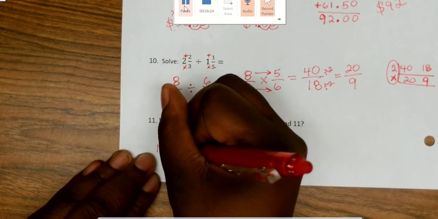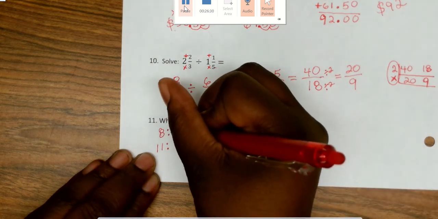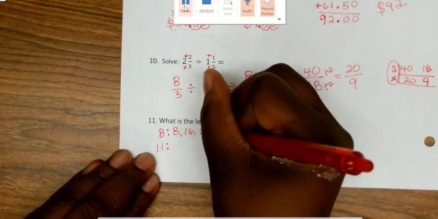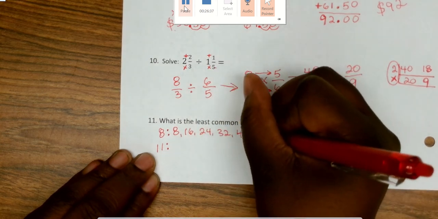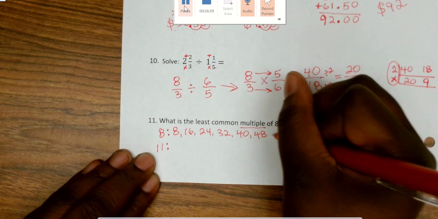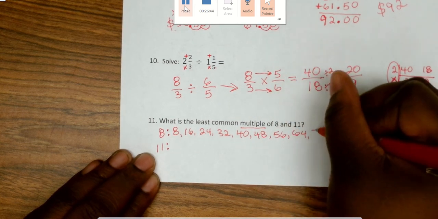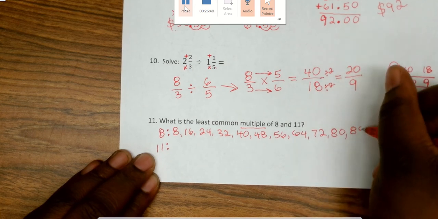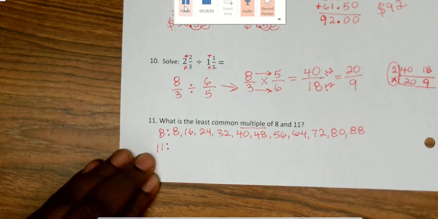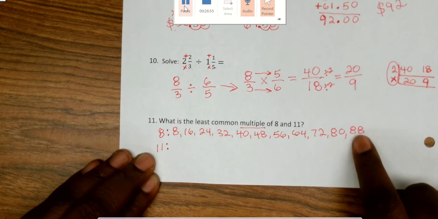So remember, least common multiple. I'm writing out my multiples of 8: 8, 16, 24, 32. Oh, we got a lot of them. I'm going to stop there because I see something that I know 11 can go into.